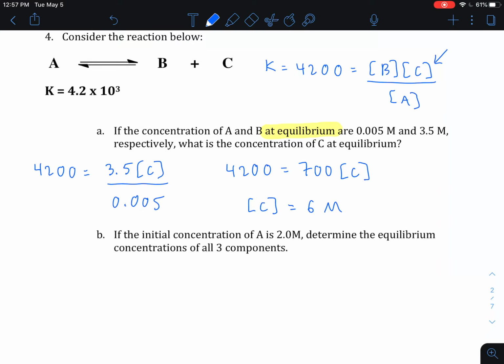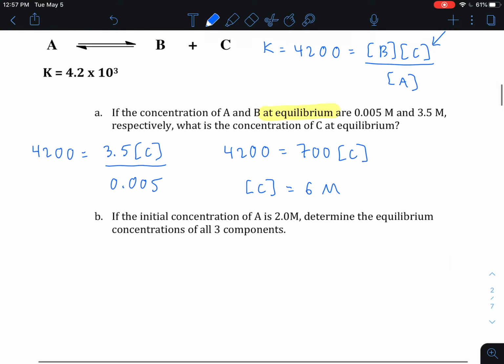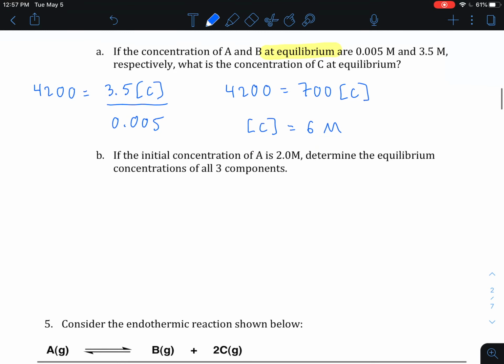The follow-up question here is actually an ICE table problem instead, so we can take a look at that. So now I'm given the initial amount of A, and I need to figure out the equilibrium concentration. So here's my reaction, right?